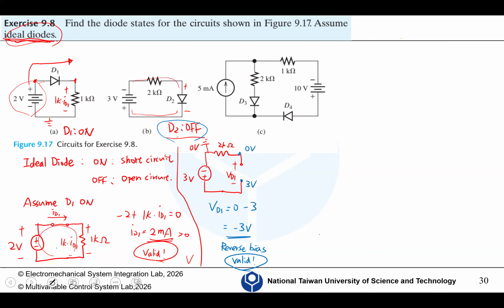We have four choices, but you need to start with the most possible option, right? Here we have a voltage source. This is positive, so it's 10 volts. 10 volts is quite large, right? Since the positive terminal connects to the positive side of this D4 diode, it's very likely that D4 is on.